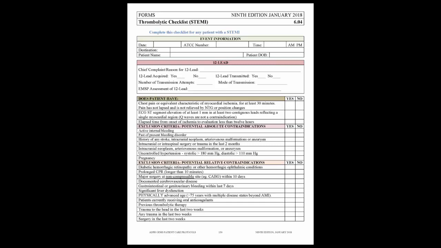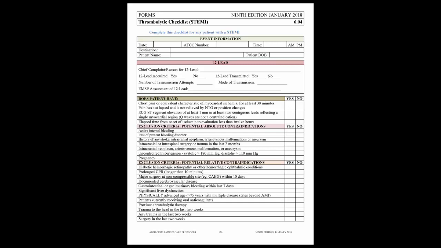Then you do have potential or relative contraindications, and that's going to be up to the physician to determine whether or not they want to give the thrombolytics. But our role in this is going to be to fill this out and have this available whenever we contact the receiving hospital or the STEMI system if your agency or your region, your area has it.